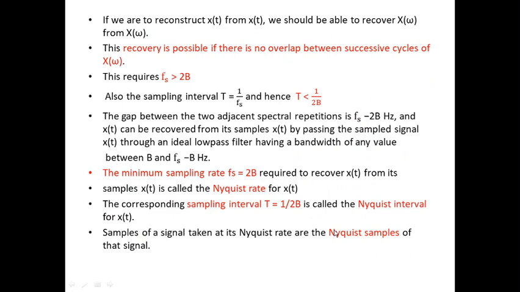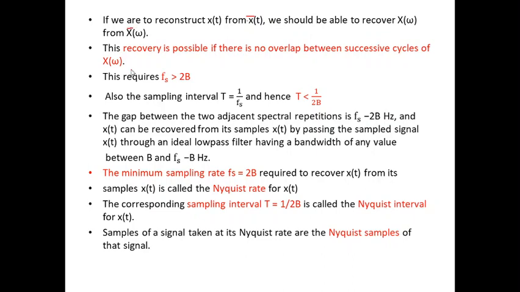Now after the sampling is done, a reconstruction of the signal should also be possible. So if we are to reconstruct x of t from x cap of t, then we should also be able to recover x of omega from x cap of omega.